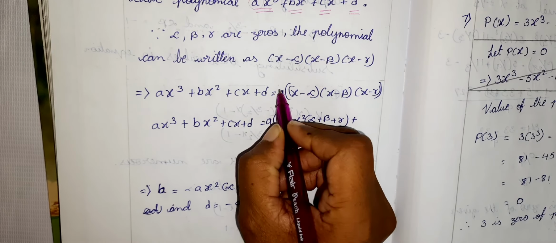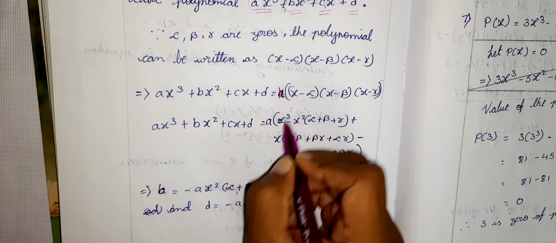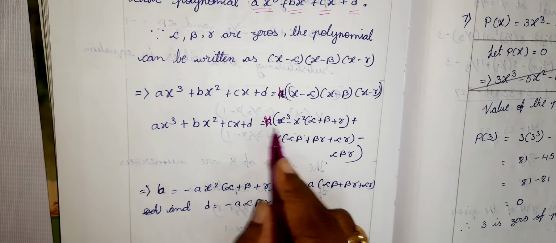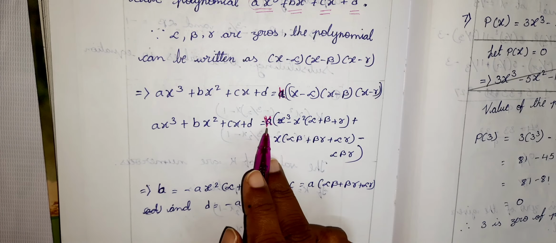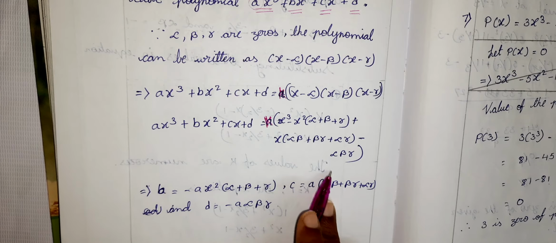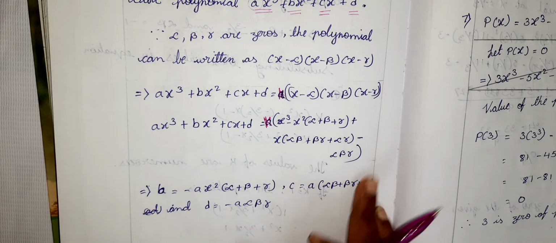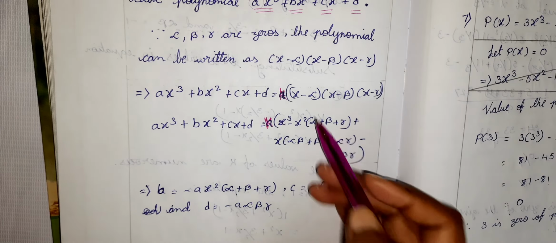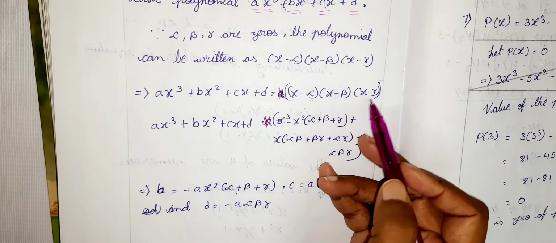So by just changing the k value, you will get a number of cubic polynomials with the same roots or the same zeros alpha, beta and gamma.